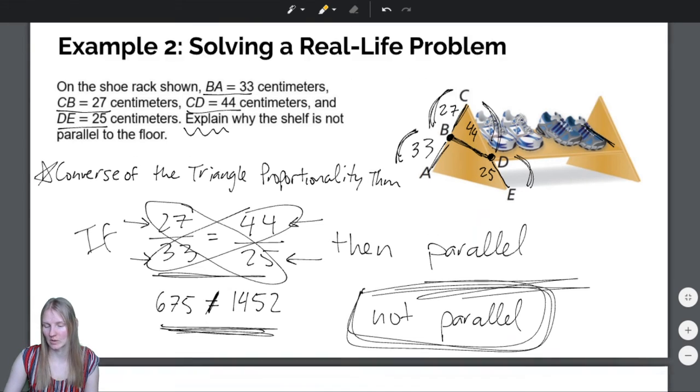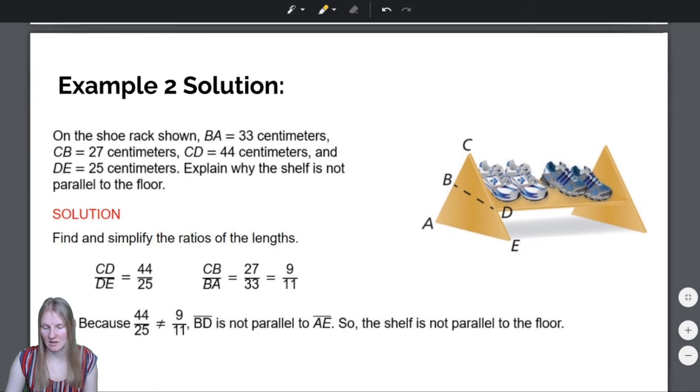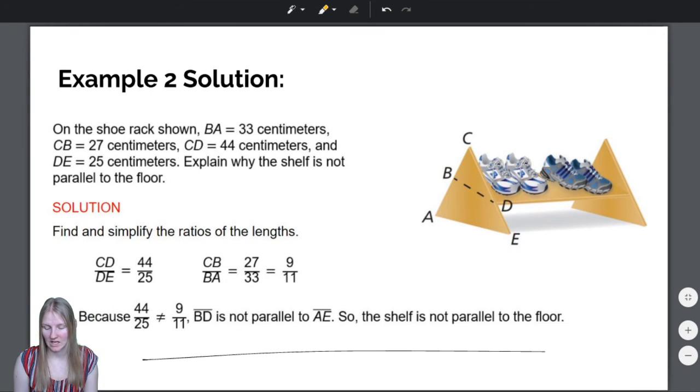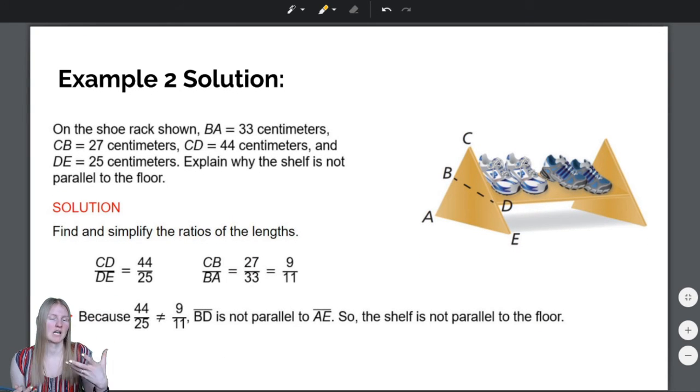Let's check and see if we were correct. And sometimes their answer says it in a better way than I do. So, find and simplify the ratios of the lengths. Okay, so they did it in another way. They said 44/25. You can't simplify 44/25. 44 is divisible by 4, 2, and 11, and 25 is divisible by 5.